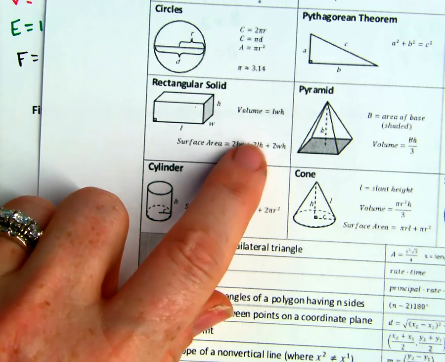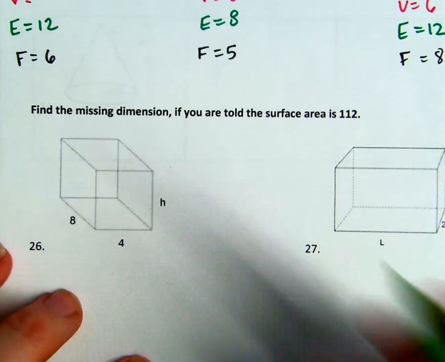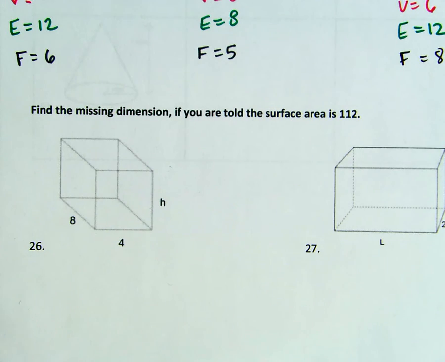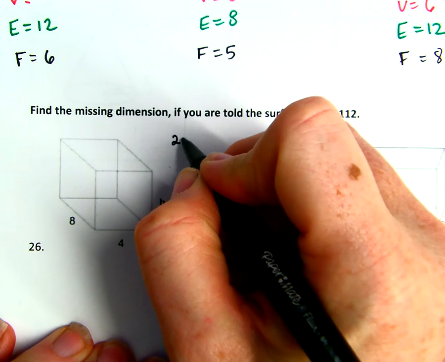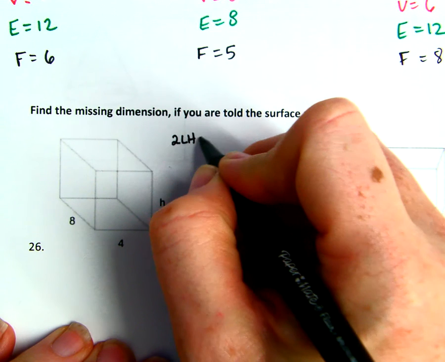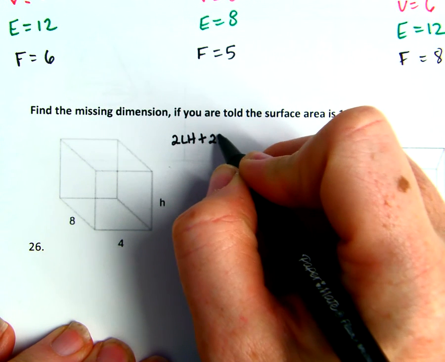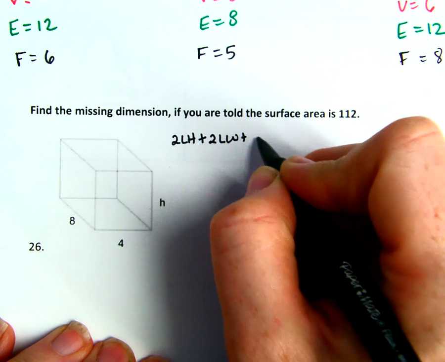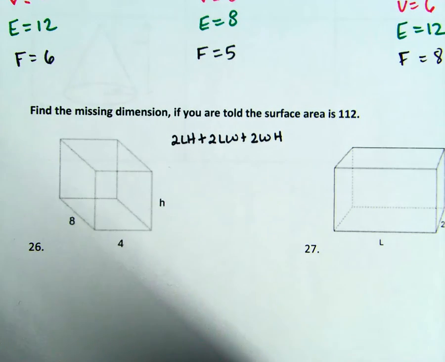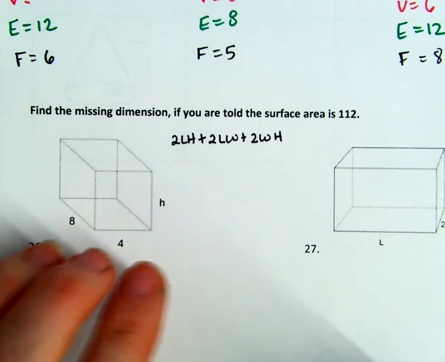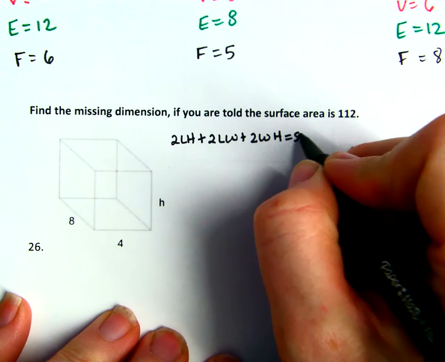So we're going to be referencing this formula right here. Let me get it written down: 2 times length times height plus 2 times length times width plus 2 times width times height. I think that's a little out of order from the formula sheet, but it'll get the same result. And that is, of course, surface area.